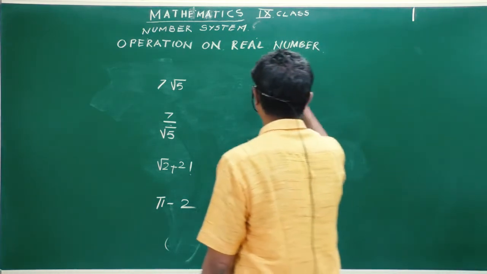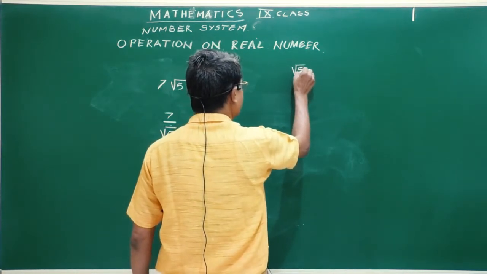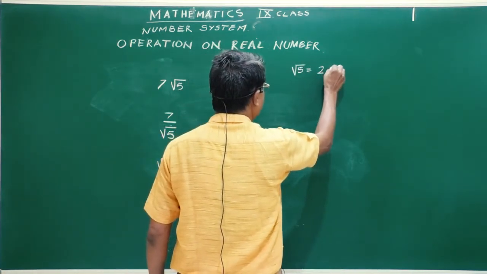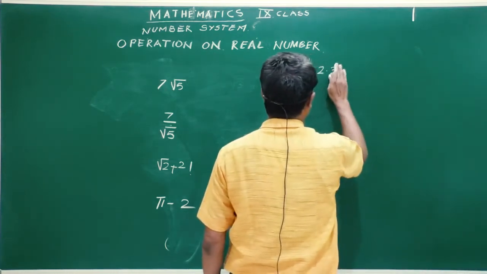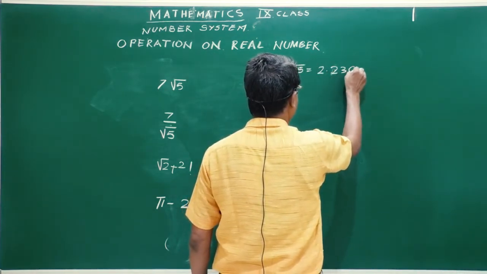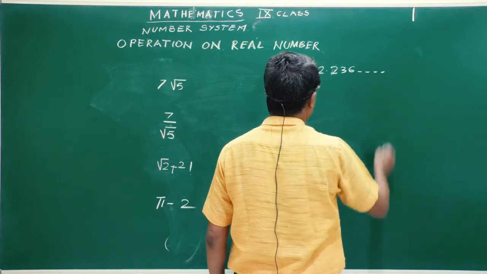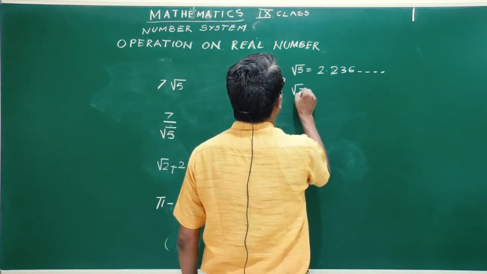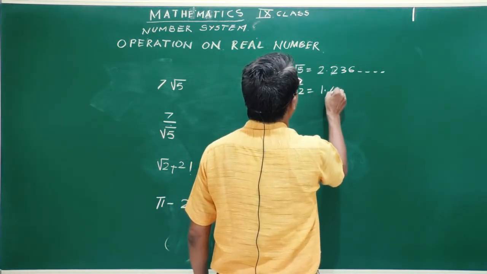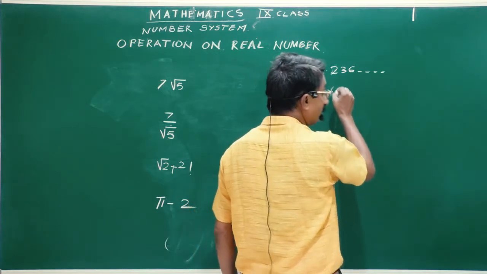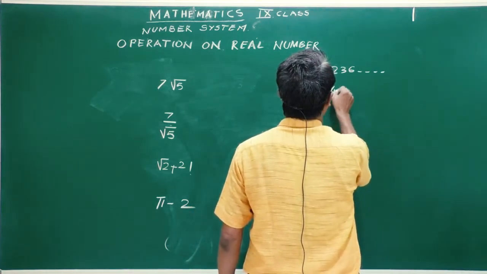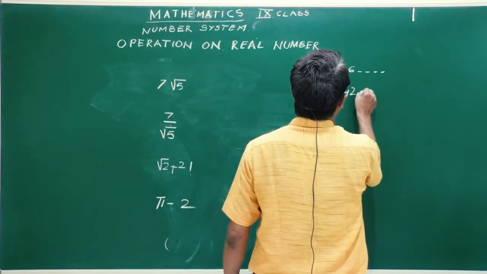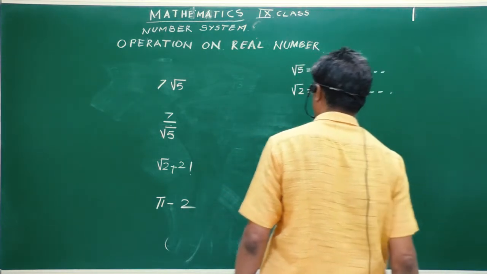So the value of root 5 is equal to 2.236. This is given in the book. The value of root 2 is equal to 1.4142, and so on.